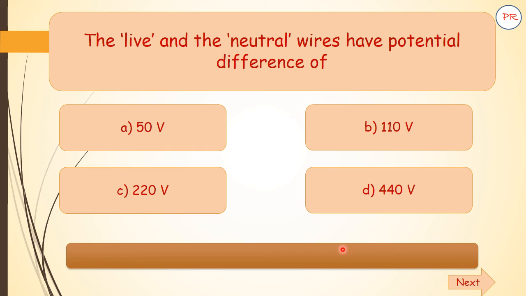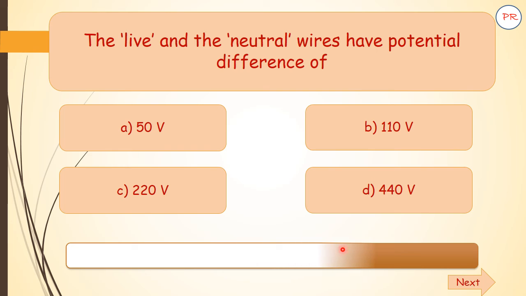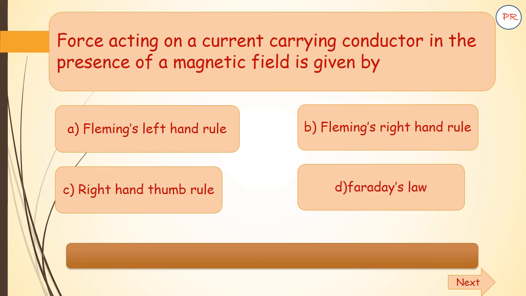The answer over here is C. 220 volt. The force acting on a current carrying conductor in the presence of a magnetic field is given by A. Fleming's left hand rule, B. Fleming's right hand rule, C. right hand thumb rule, D. Faraday's law.